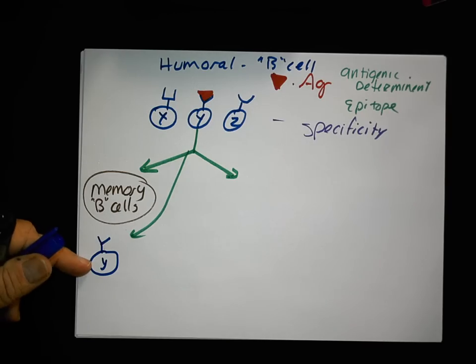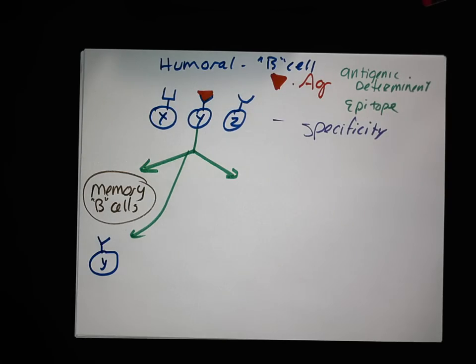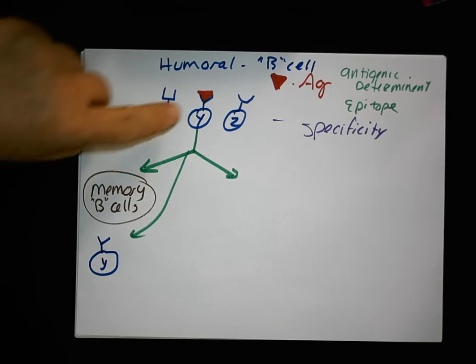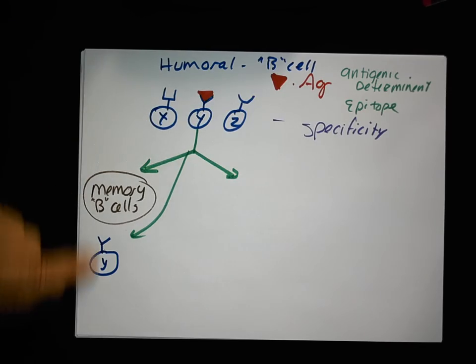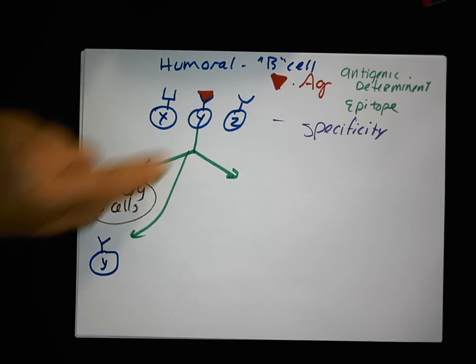Just build more of these. So the first time you get exposed to an infectious agent, antigenic agent, you may only have one B cell, for example. But after that, you have hundreds or thousands of these same exact B cells because you've been exposed to this already.